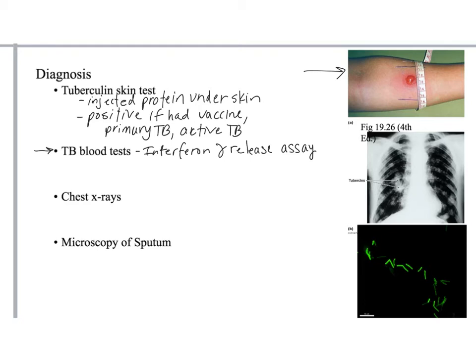Interferon gamma is different. This is released when a person's T cells have encountered TB.